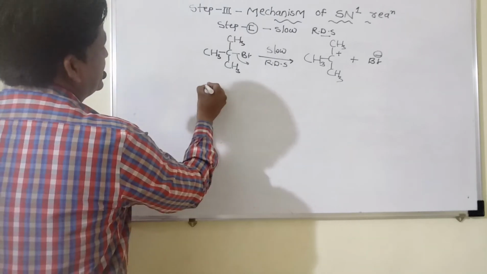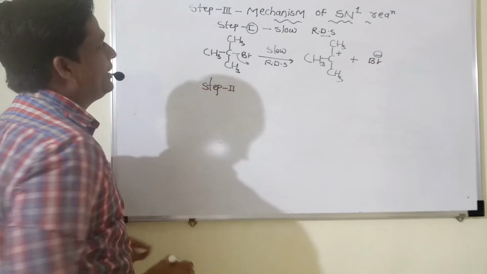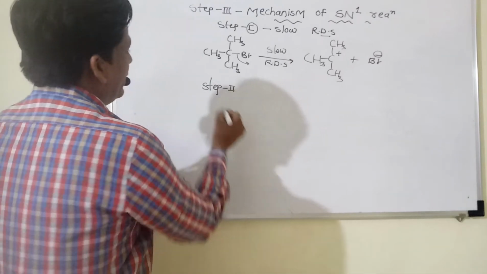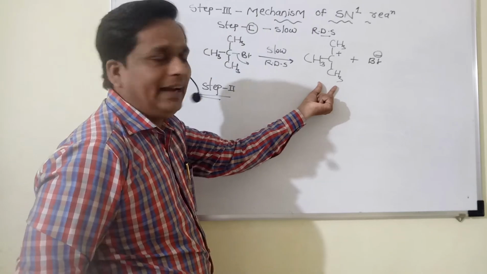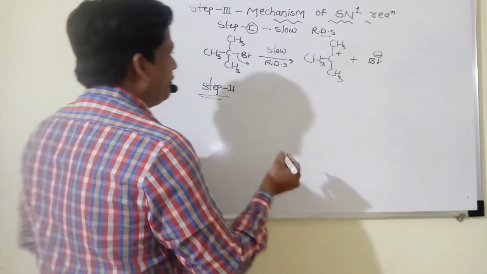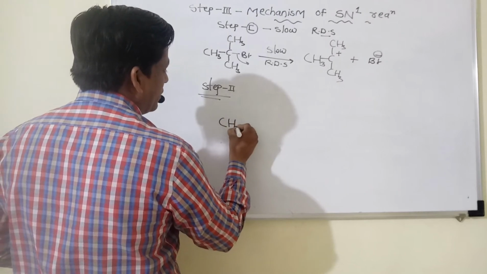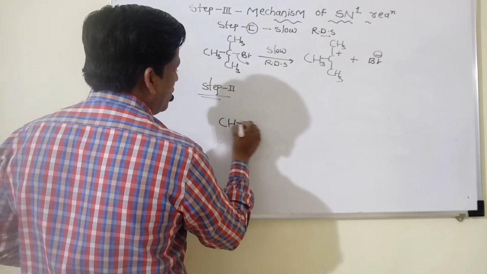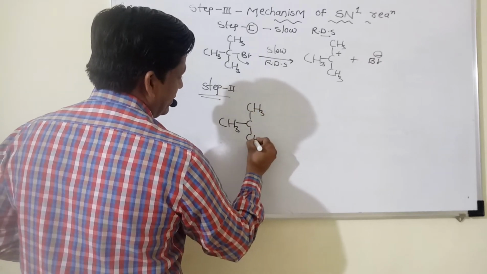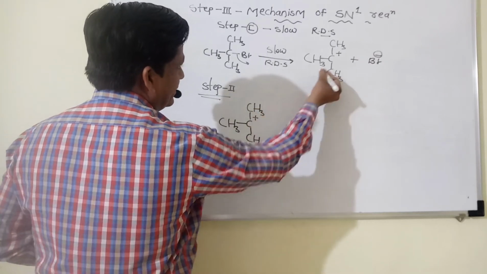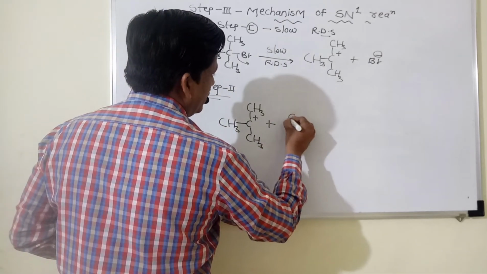Now we see step second, that is the fast step. In the second step, the carbocation we get in the first step reacts with a nucleophile. That means the nucleophile will attack the carbon atom of the carbocation. Here we write the carbocation plus the nucleophile from NaOH, OH minus.